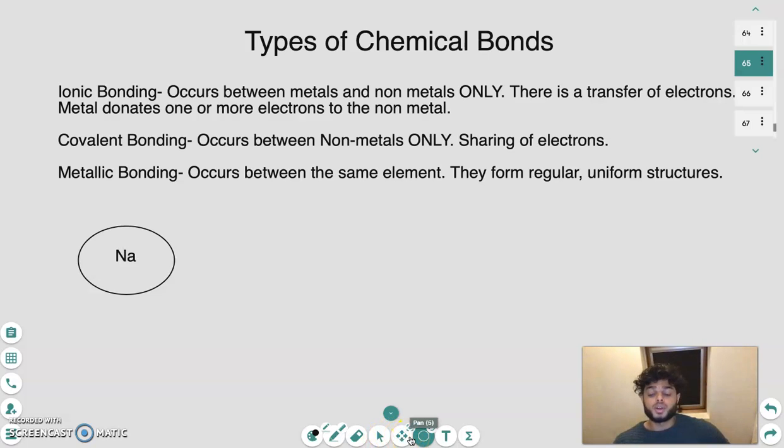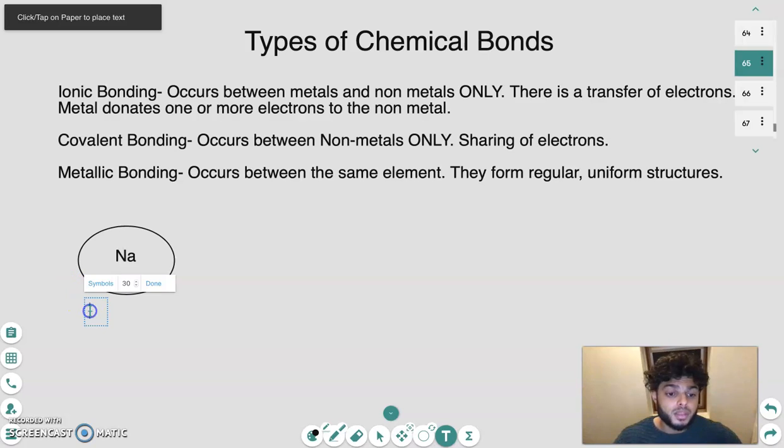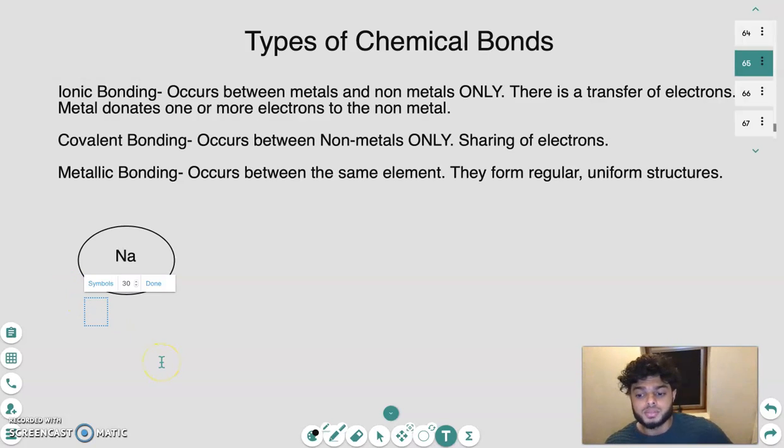From here, if you look at your periodic table, we have to deduce how many electrons there are in the outer shell of sodium. Now there are two ways we can do this. There's a simple way, but let's go through the slightly more complex way, just so you can understand the thought process behind it. Sodium has 11 electrons in its structure. Now we should know from previous knowledge that the first shell of all atoms can only hold 2 electrons.